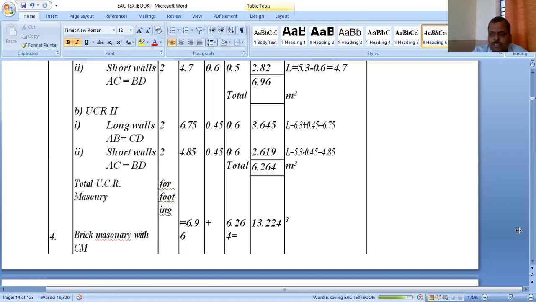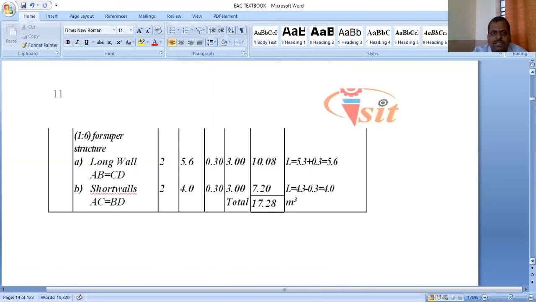Now, the last item which you are going to see today is the brickwork in superstructure. Here it will be again 6.3 meter and here it will be 5.3 meter respectively. So the length of the long wall will be 6.6 meter.